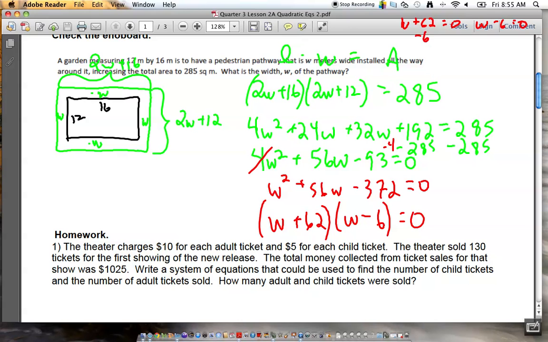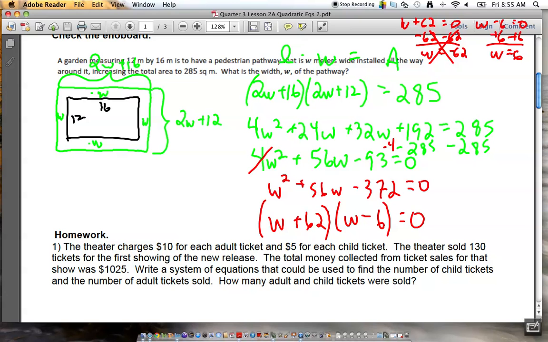Now, maybe it's the guy on the left, maybe it's the guy on the right. If I solve this one, I don't get a negative width. And then this one, W is 6. Oh, you divide by 4. Oh, dang it!